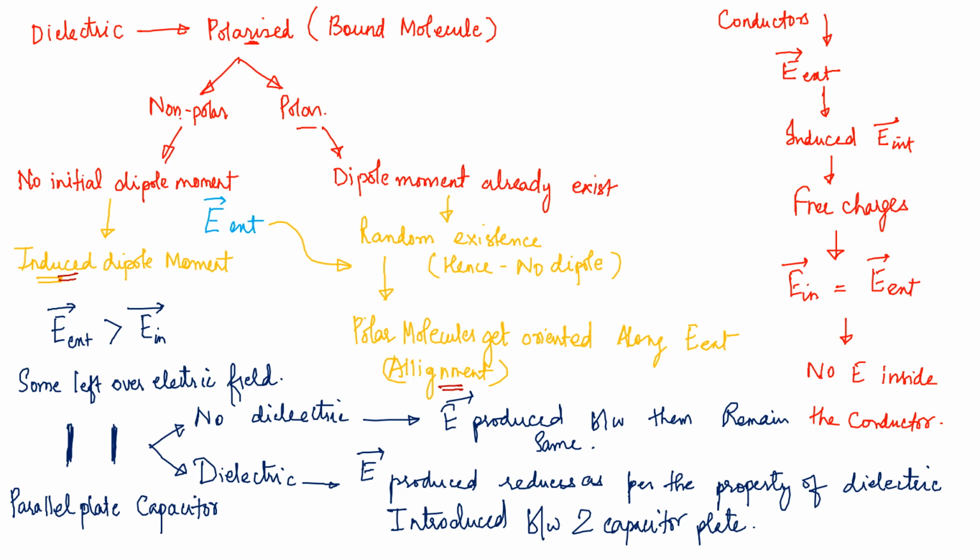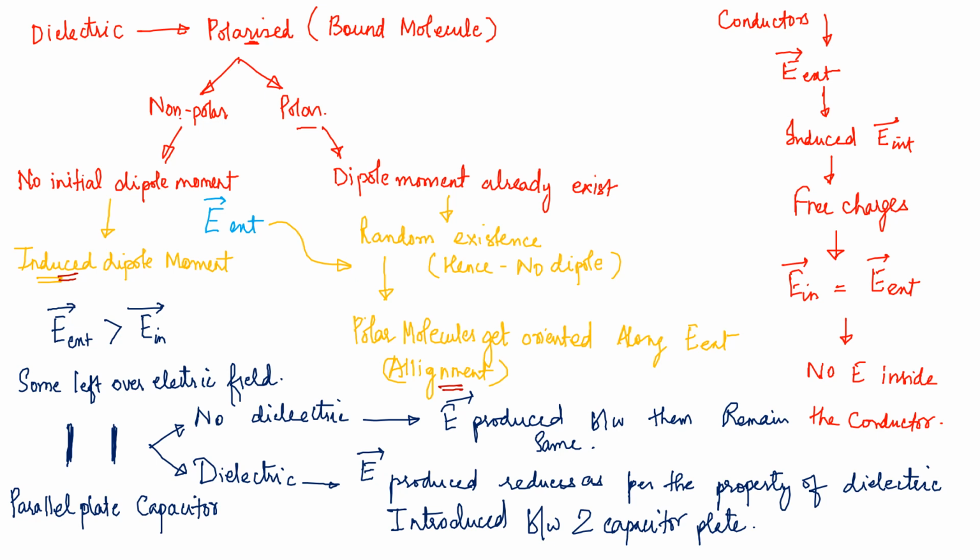So when a dielectric is there, this electric field gets reduced, but when no dielectric is present, this electric field remains the same.